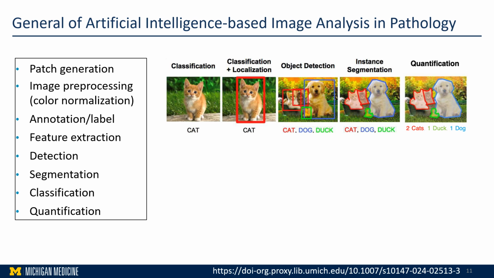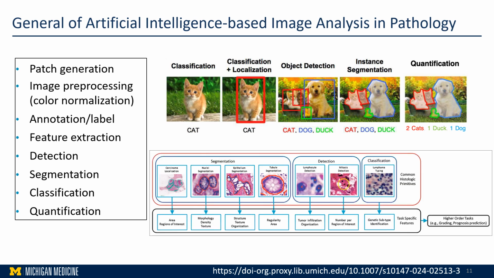Detection involves identifying objects with bounding boxes, whereas segmentation focuses on specific pixels representing a particular class within the image. Machine learning models in pathology have been applied in various tasks, including image classification, nuclear, cytoplasmic, and membrane segmentation, and also rare event detection, mitosis, and microorganism detection.